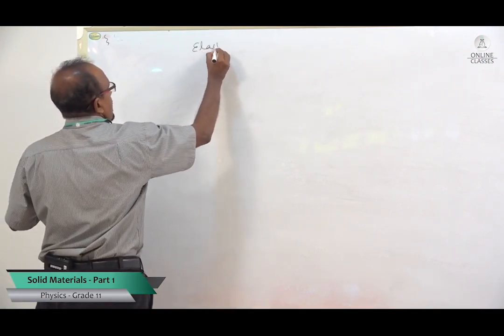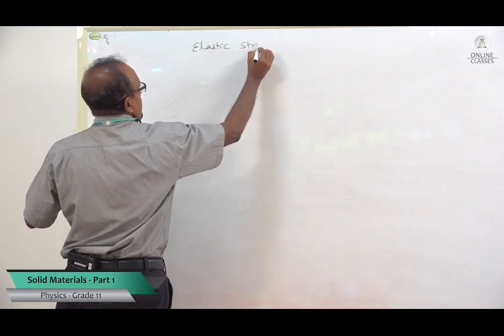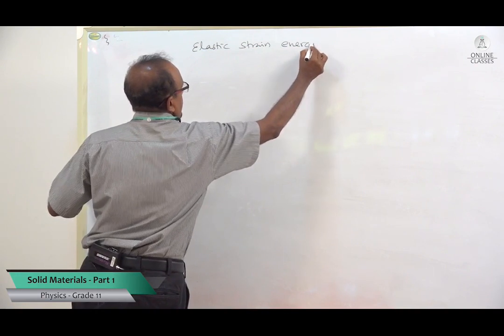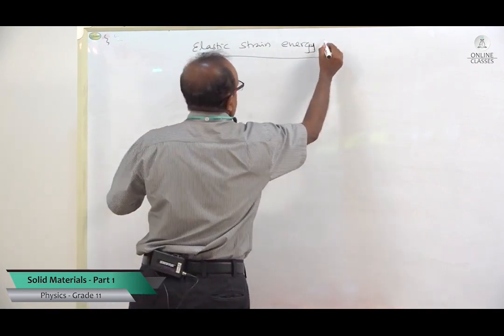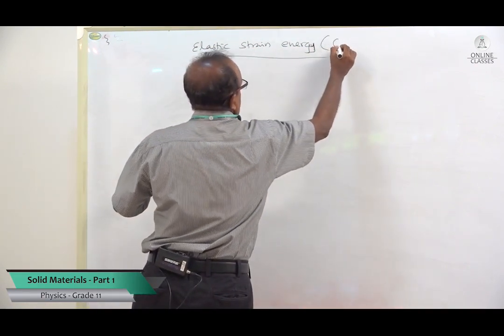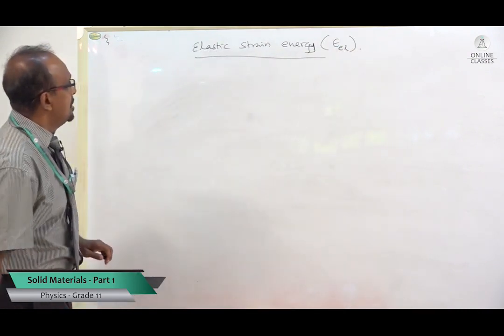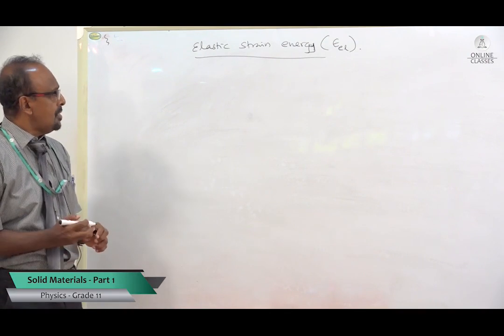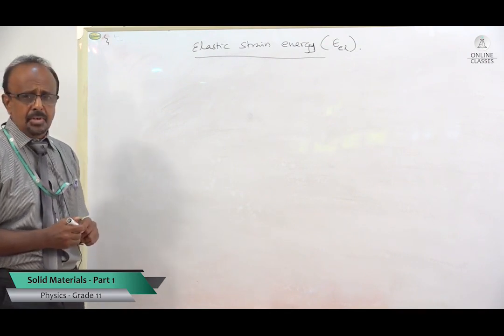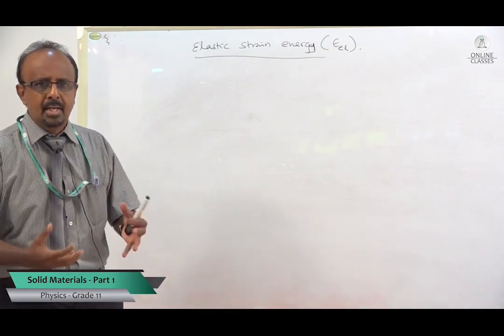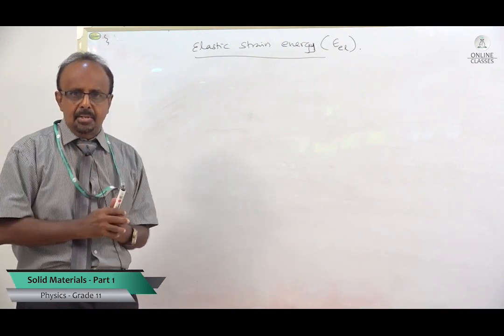Now we are going to learn elastic strain energy. We denote this as E elastic. Let's see what is meant by elastic strain energy. When you apply a force to a material, we know the material will extend.